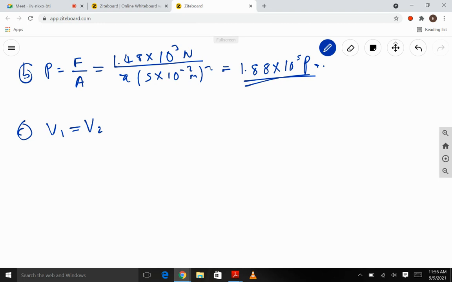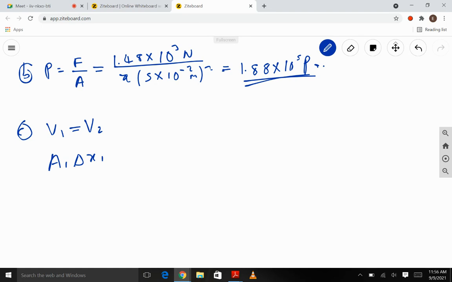Then from here, how can we relate this volume to something that we already have? What we already have is area. So how can I rewrite this volume in terms of area? So volume is equal to area times the change in distance. Or if you want, area times height, right?